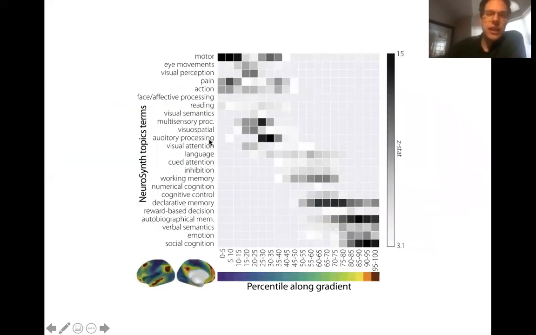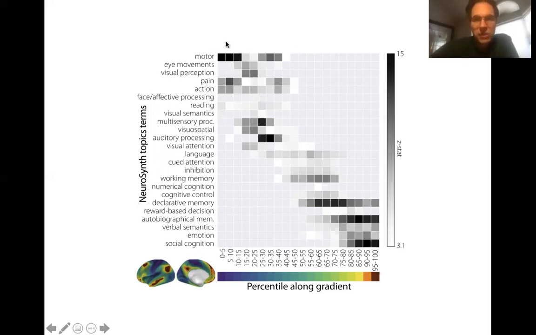And if you look at the different parts of these gradients, and look at which type of abilities or behavior associations they have, you'll see that as you move from one part of the gradient all the way to the other, from the dark blue to the dark red, there's an increasing order of complexity of the type of stimulus that brain region is responsive to.